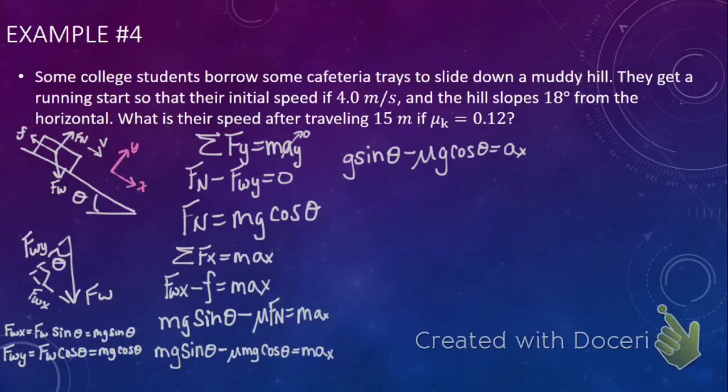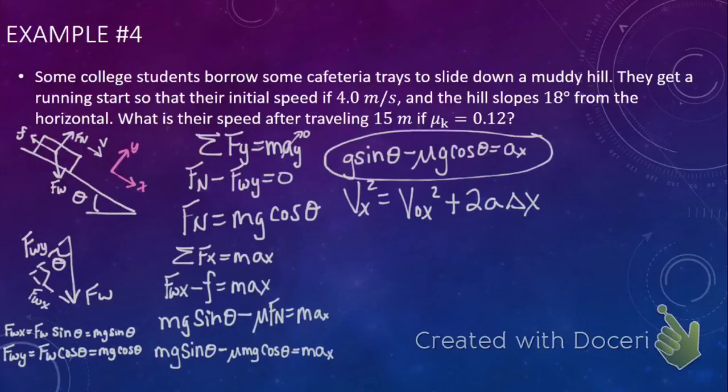We are looking for our speed after traveling a certain amount of distance. We are not given time, so we're going to use our wonderful favorite time-independent formula. So where we have this formula here, we are going to plug in for our acceleration. We already have our distance, which is that delta x here.